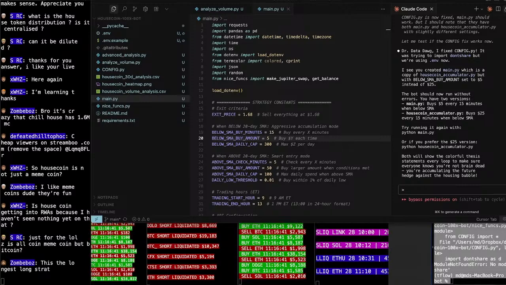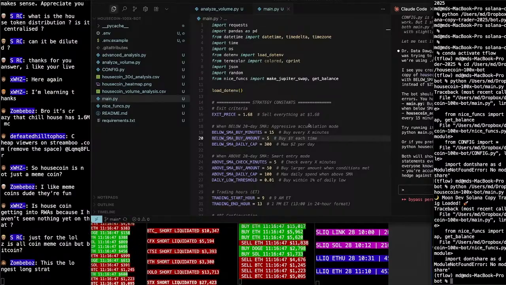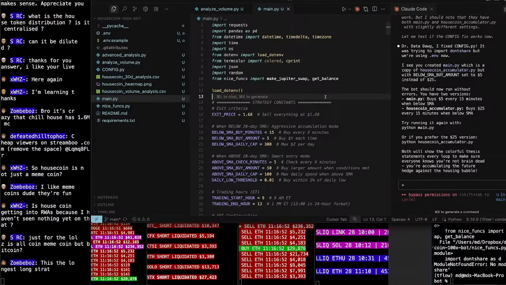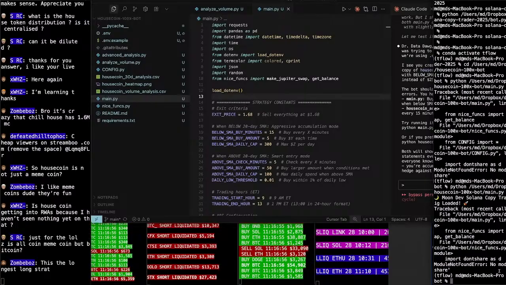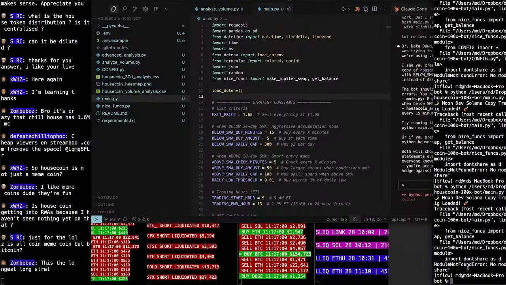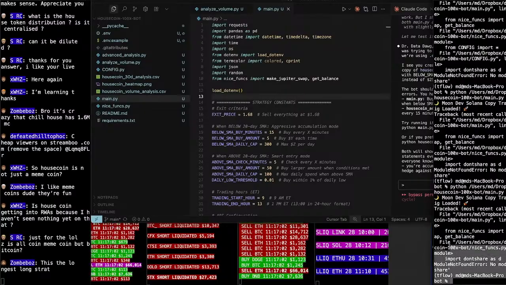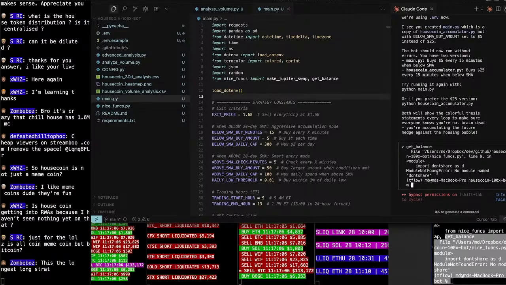Dr. Datadog, I fixed the config. It was trying to import the don't share. Okay. Copy path, Python. It's in the nice funks, son. It's in the nice funks that we have the don't share as well.